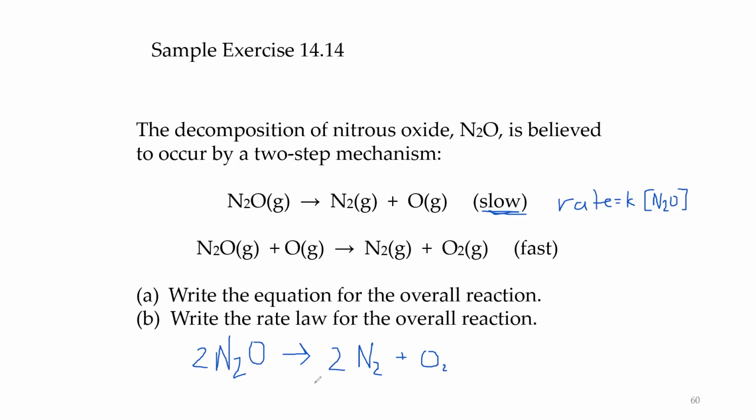Because even though we've got two of them in this reaction here, if you think about it, we've got them split up where the first one needs to be used so we get that oxygen. And then that oxygen can react with the N2O. But as we increase the concentration, it's really only going to still matter based on this first reaction.